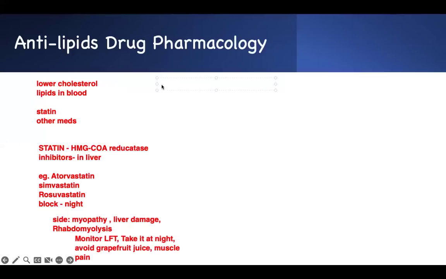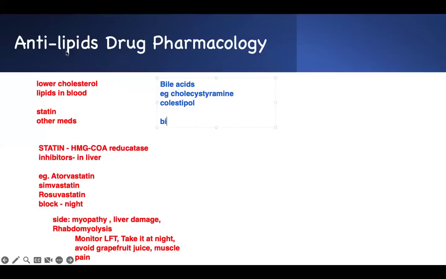The next one is usually what we call bile acid sequestrants. An example is cholestyramine, and they're going to bind bile acids. So they're very important. These are two medications you should at least know.